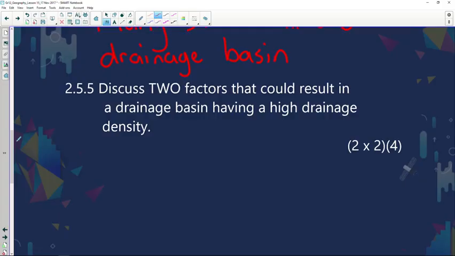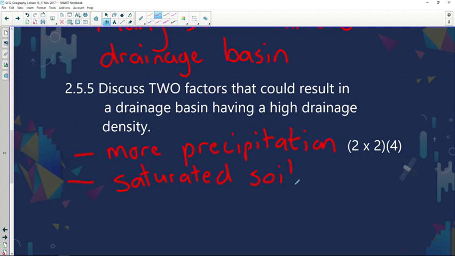But let's go back to the question again. Discuss two factors that could result in the drainage basin having a high drainage density, and the correct answer that we can write over there: more precipitation, and that's rainfall. You can also say saturated soils, depending on the underlying soil. For instance, if we take two soil types, for example, we take clay.